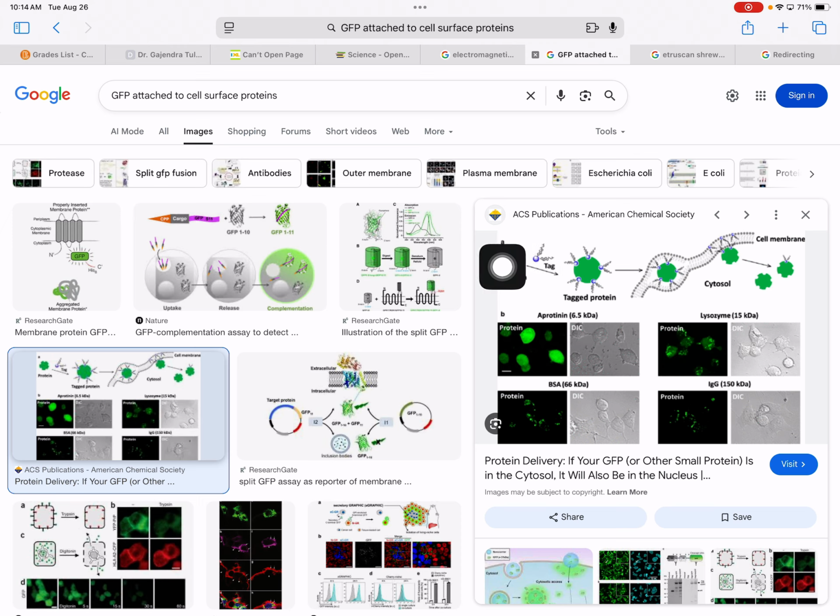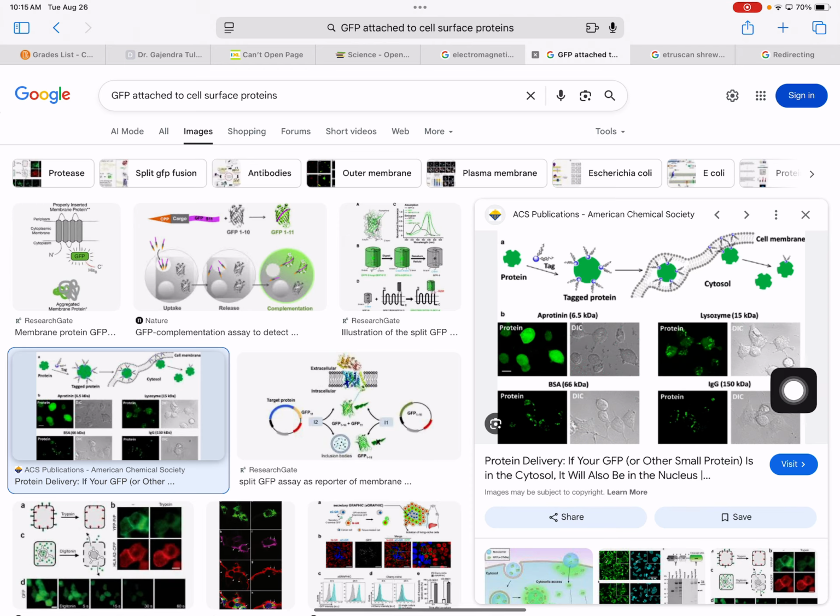That protein goes to wherever it is going, and now we'll take an image. We'll see where that fluorescent molecule is, and now we'll know the location of that protein. So let me show you how we'll take an image of that.